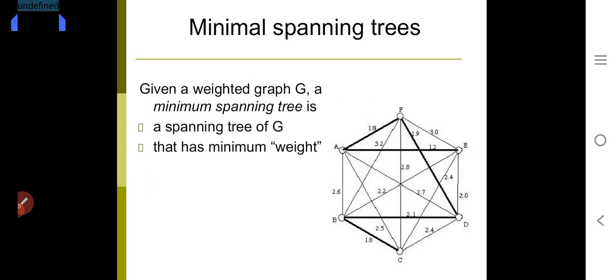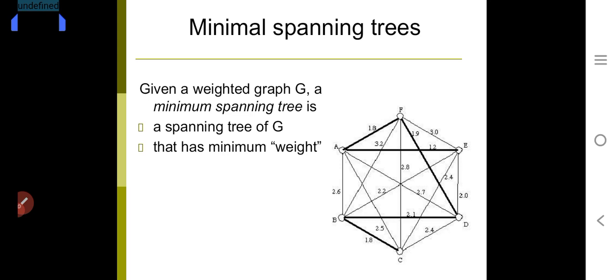Then how do we find the minimal spanning tree? It is based on the weight of the graph being calculated. First, we have to weight the graph. That means we have to put values on each edge in a graph, and make the minimal weight along the pairs of vertices.